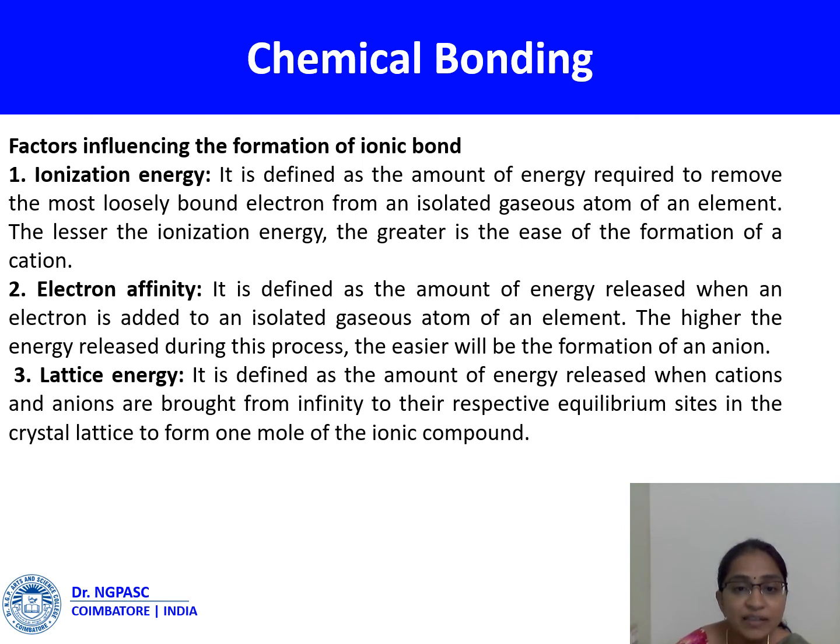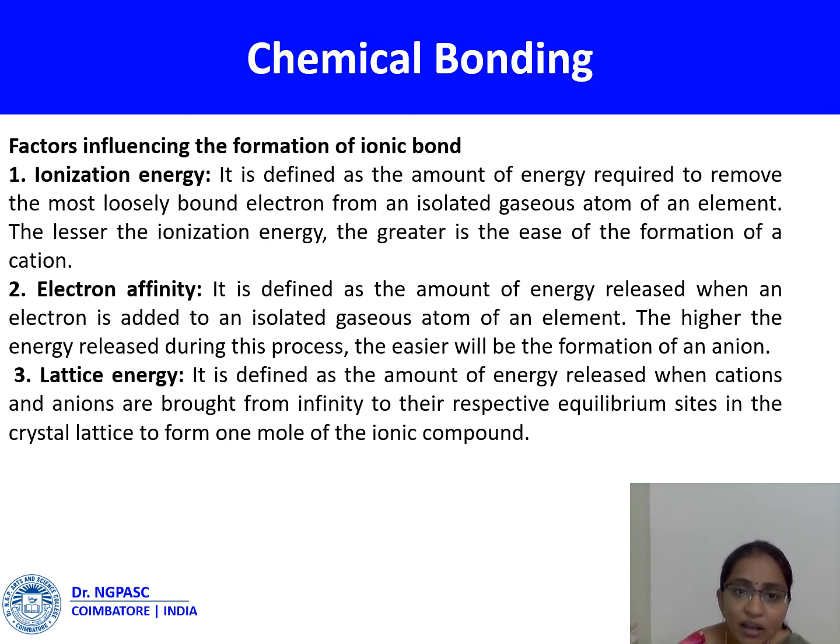Factors influencing the formation of ionic bond. First one, ionization energy. It is defined as the amount of energy required to remove the most loosely bound electron from an isolated gaseous atom of an element. The lower the ionization energy, the greater is the formation of a cation.